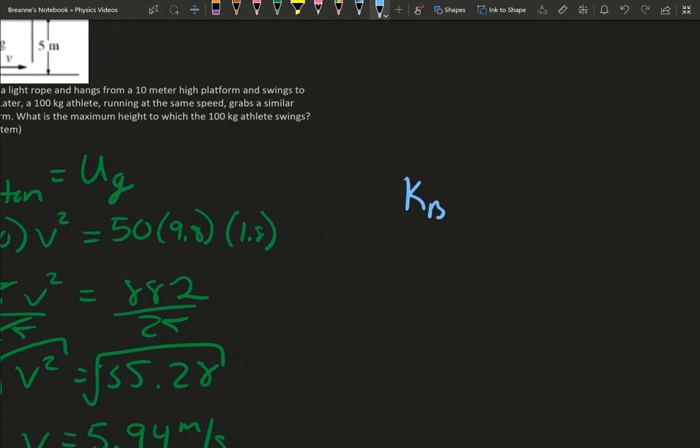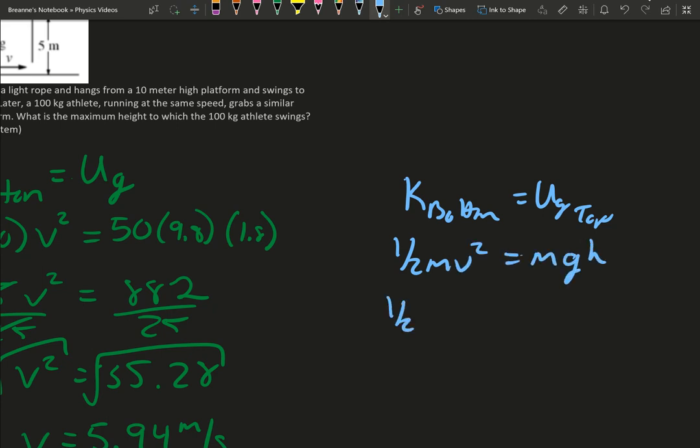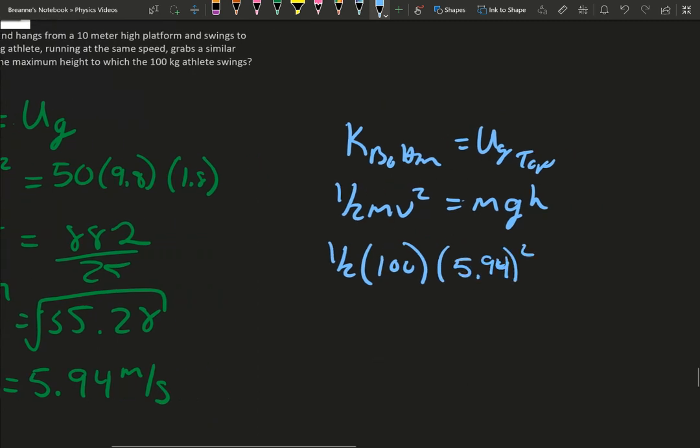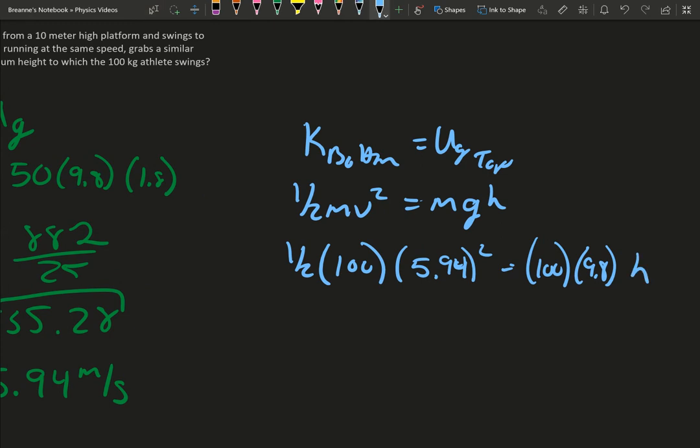So your kinetic at the bottom equals your potential at the top. So you have 1/2 mv squared equals mgh, so 1/2 mass now is 100, but it's still moving at 5.94, so squared, there we go, equals 100 times 9.8 times your height, and you're looking for your height.